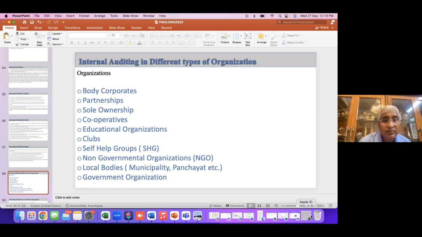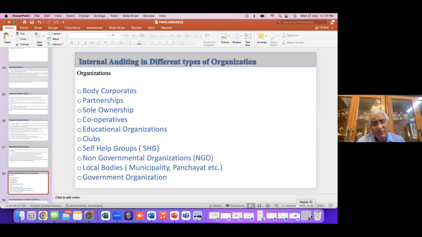pay the money. So similarly, the non-governmental organizations, the NGOs, are typically in different sectors. Some NGOs are providing school facilities. Some NGOs are in the maintenance of greenery.